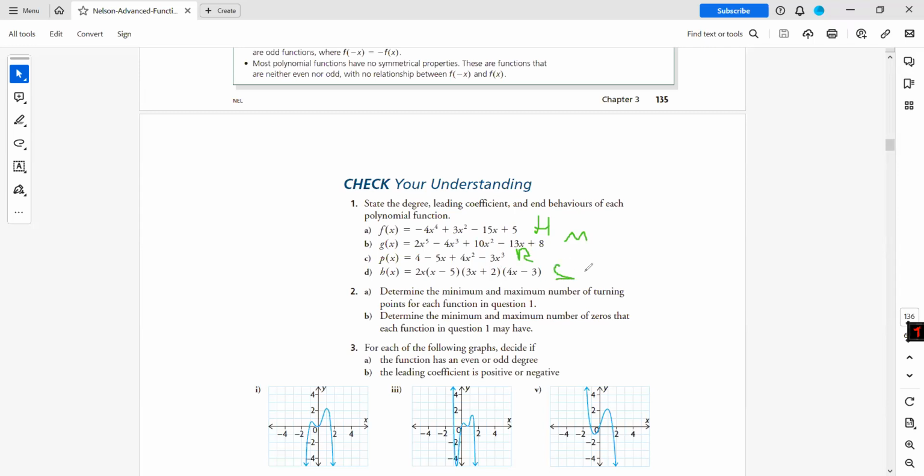I don't know, Ahmad, do you want to solve 1, 2? The rest of you, Hala, Mohammed, Rana, Safa, could you please answer this question? State the degree, leading coefficient, and the end behavior of each polynomial function with respect to your letter.